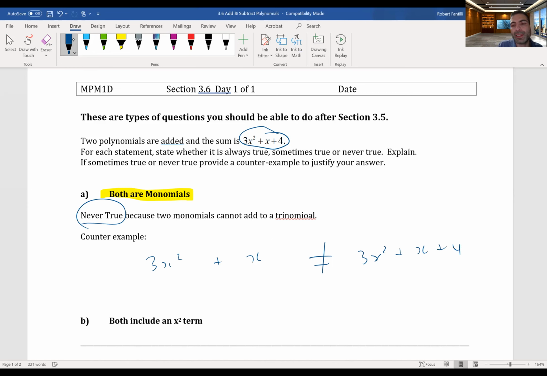Like you just can't, this doesn't make sense. Okay, that is the counterexample. Because, or you could say this, guys, maybe this is better. 3x squared plus x equals 3x squared plus x, not a trinomial. Okay, it's a binomial.